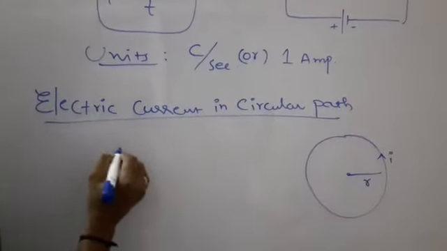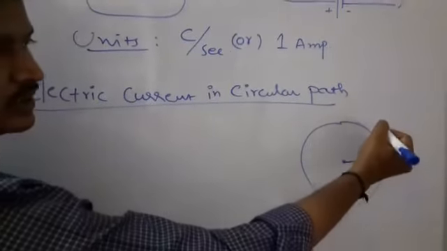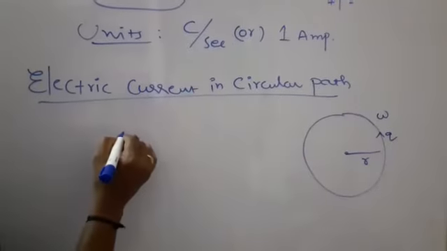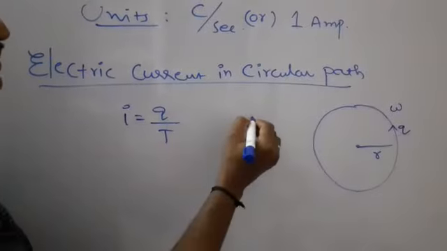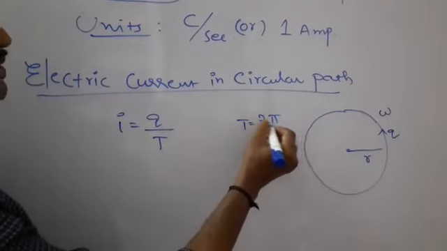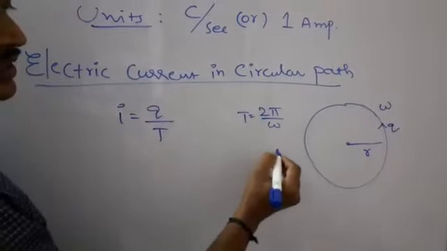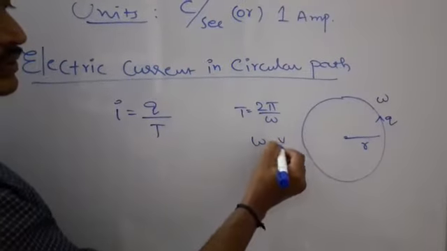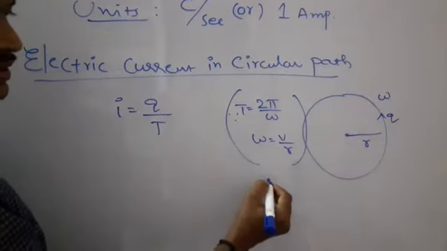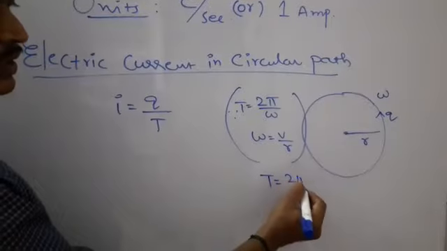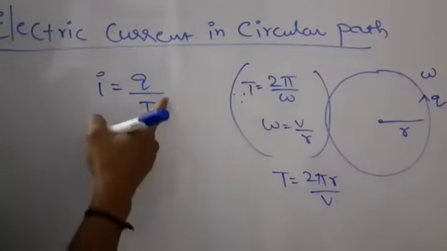The generation of current is due to the movement of electrons in the circular path with angular speed omega, that is I is equal to Q by T. T is nothing but 2 pi divided by omega, where omega is the angular speed of the electron. Next, omega is equal to V by R. Therefore, T is equal to 2 pi R by V. This value is directly substituted here.